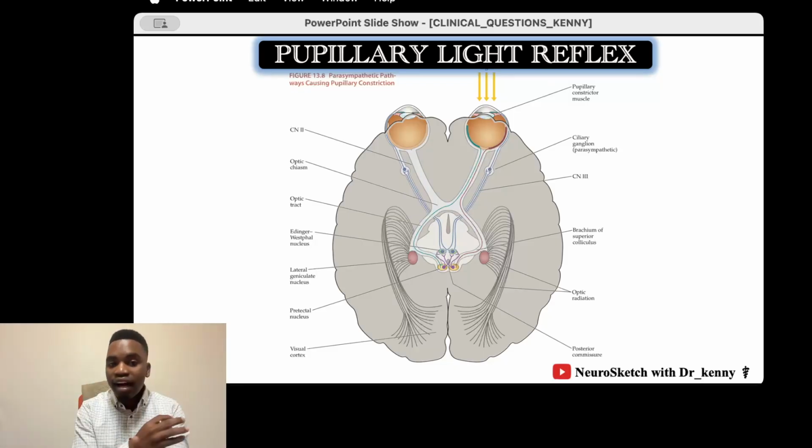The patient can move the eyes normally. So anything from the ciliary ganglion all the way to the short ciliary nerves will bring trouble with constriction of the pupil, and so the patient will fail to focus on near objects. Okay, the patient will fail to focus on near objects.